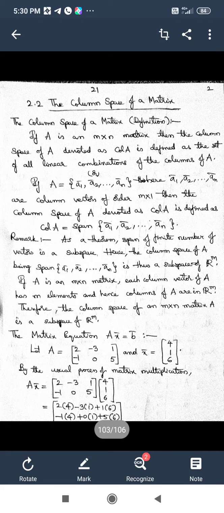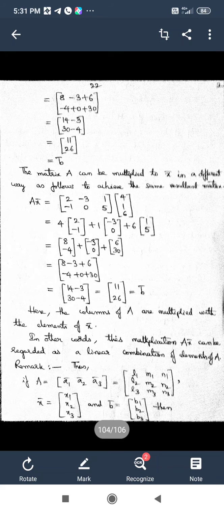So here it is 2 into 4 minus 3 into 1 plus 1 into 6 as the first element, and the second element is minus 1 into 4 plus 0 into 1 plus 5 into 6.